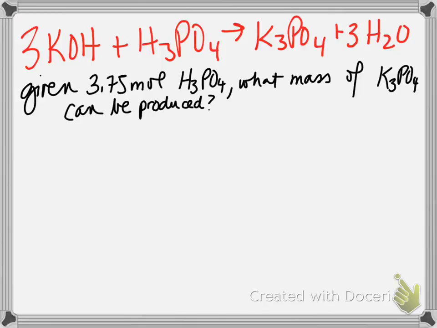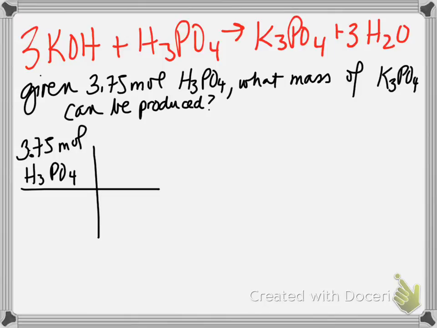So, as always, what goes in the first box? Given! And our given is? Yep, 3.75 moles of H3PO4, phosphoric acid.